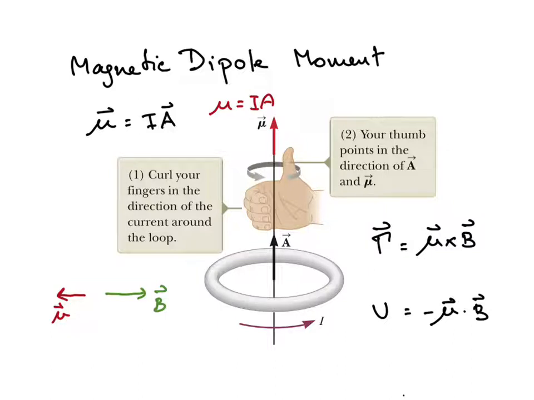If mu points in this direction, from your right hand rule, you can see that if you look at the whole loop, the current in this portion points in, and the current in this portion points out, right?